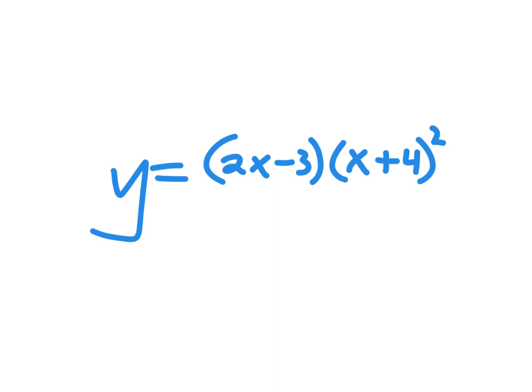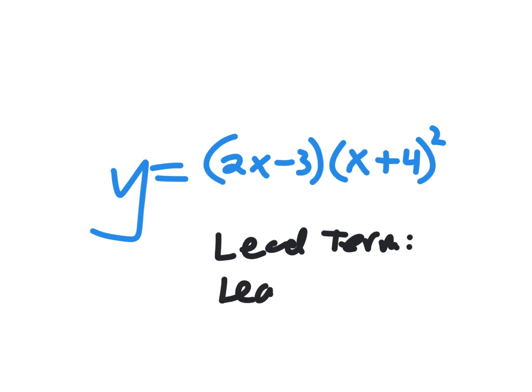What's the lead term? Act like you multiplied it all the way out, and then you'd know what the lead term was. What's the lead coefficient? It's different. It's a subset of the lead term. And then what's the degree of this one?